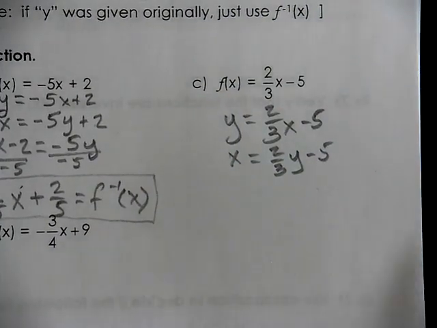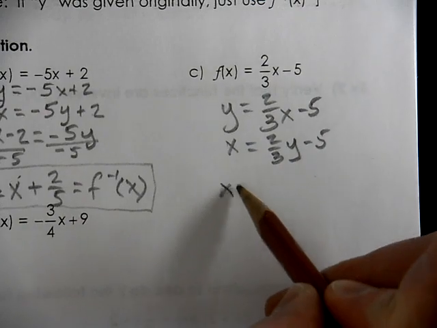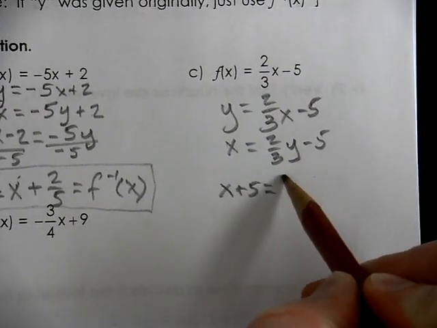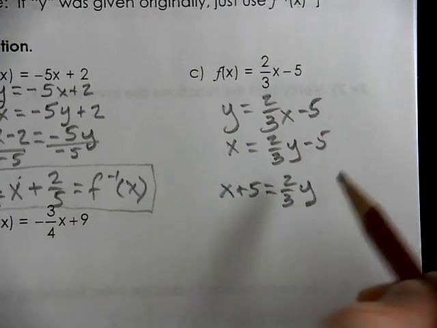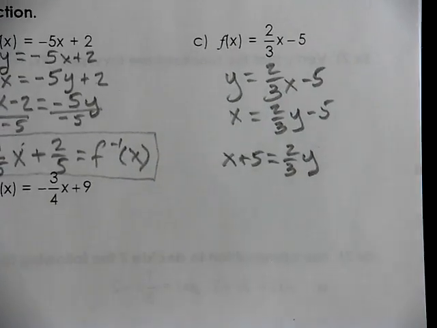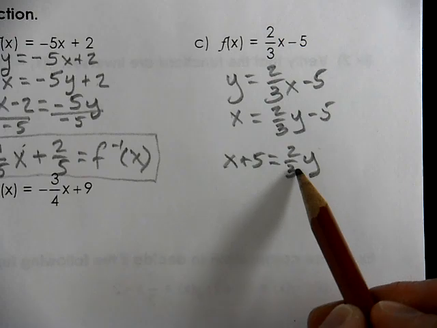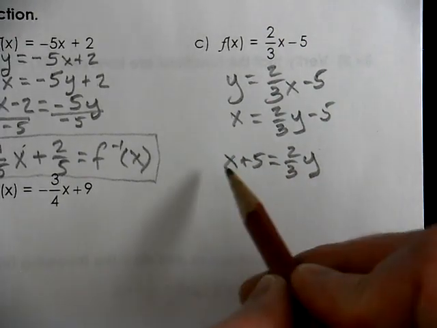We're going to switch our x and the y. Now, mathematically, how do we work with this? I would suggest multiplying by 3.